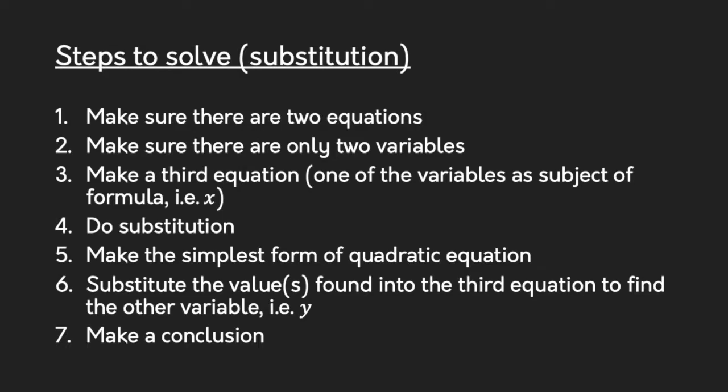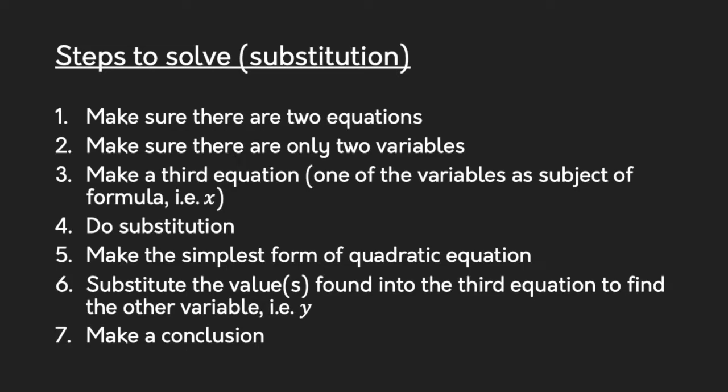It can be x and y, or a and b, whatever, but it needs to be two variables only. Thirdly, make a third equation where one of the variables is the subject of the formula, for example x. Then we'll do substitution. We substitute this third equation into the equation that we haven't used yet.